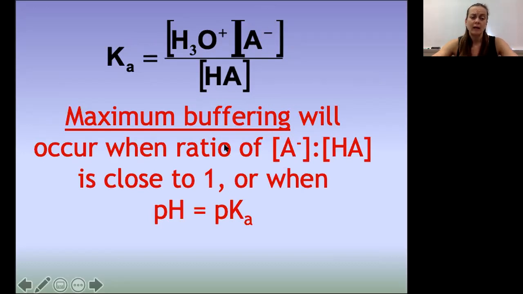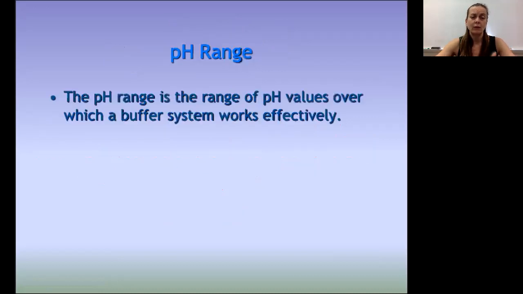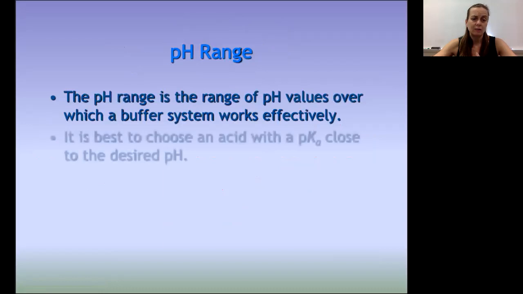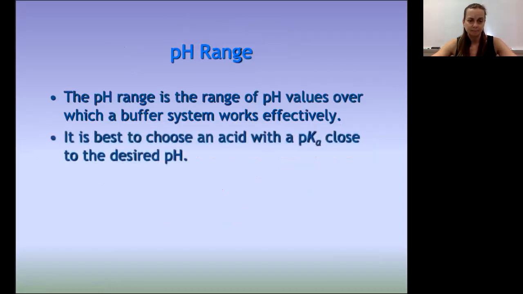So we're going to get our maximum buffering when that ratio is close to 1, or when pH equals pKa. And so we can choose a buffer system based on the pH range in which we want it to buffer. We're going to choose an acid whose pKa is close to the desired pH.